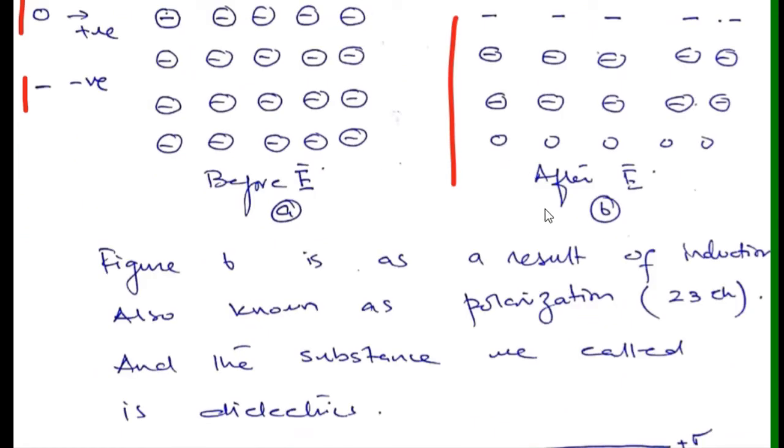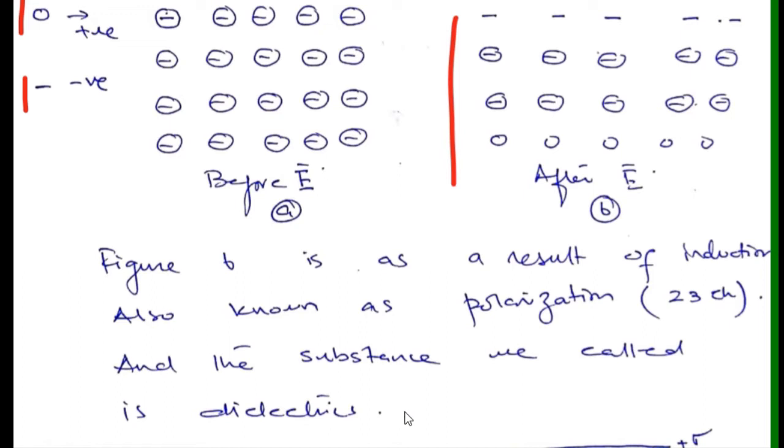Okay, so when I have this figure B, I'll call it that I have done the process of polarization, because I have polarized the charges, that is, I have created a layer of negative charges over here and a layer of positive charges over here. So polarization has taken place, and the substance in which I have done this polarization is now known as a dielectric.